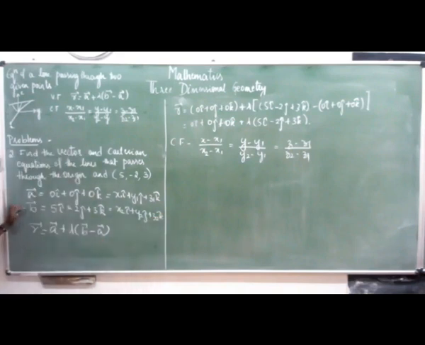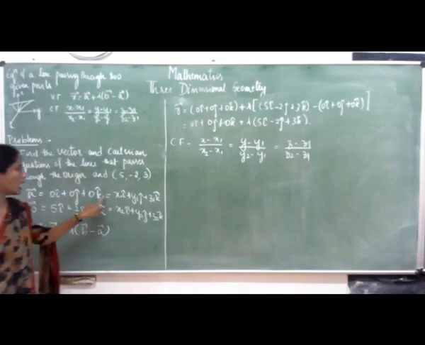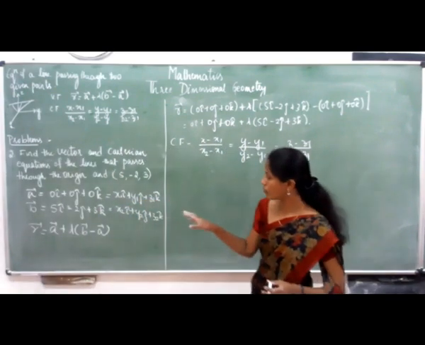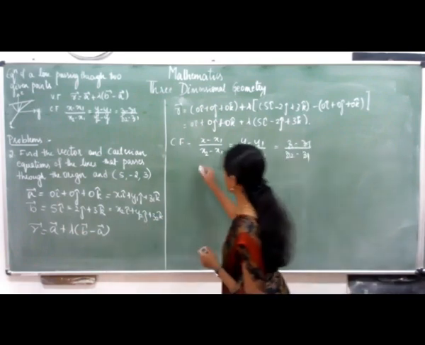So now compare and tell me the values of x1, y1, z1 and x2, y2, z2. Once we know the values, we can directly substitute in the Cartesian form. So here x1 is 0, y1 is 0 and z1 is also 0, and x2 is 5, y2 is minus 2, z2 is 3.